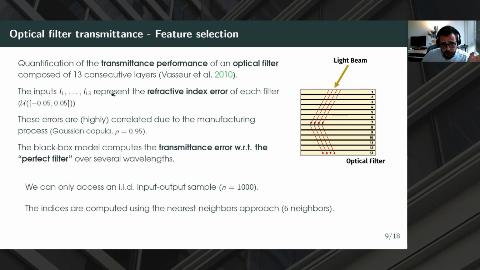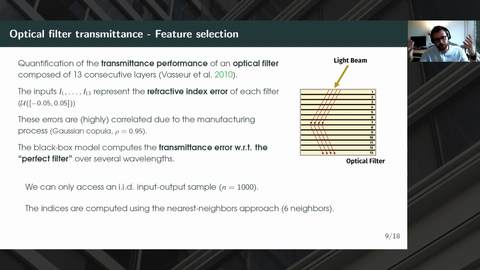My inputs, my variables, are going to be the refractive index error of each layer of the filter. The filters are not perfect, so they do have an error. And these errors are going to be highly correlated due to the manufacturing process. So they're uniformly distributed, and we've put a Gaussian copula with rho equal to 0.95.